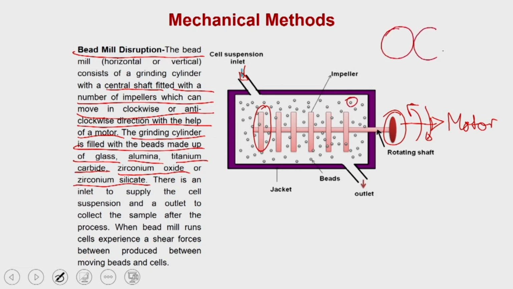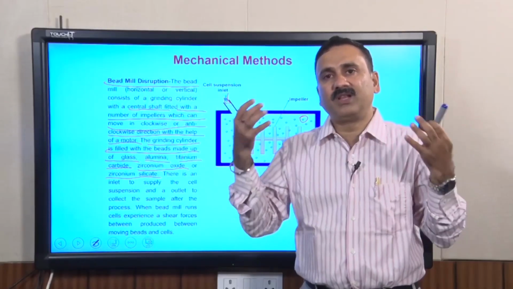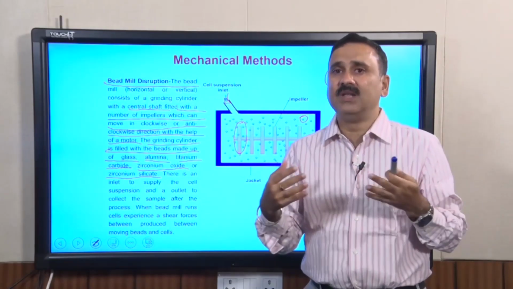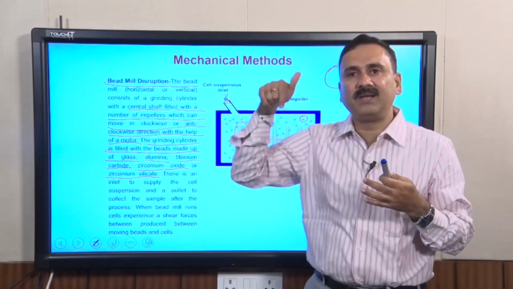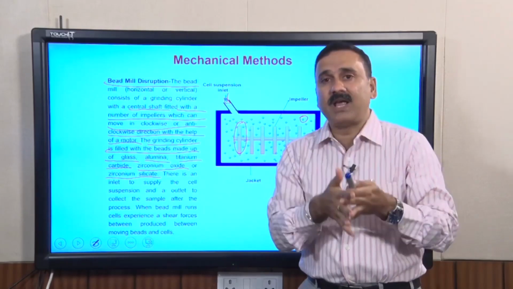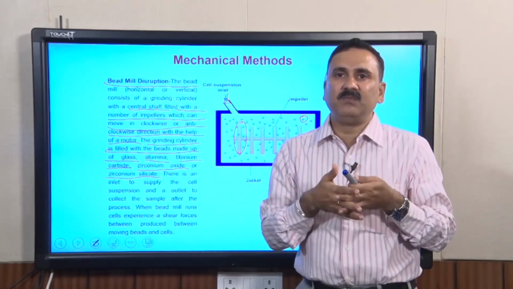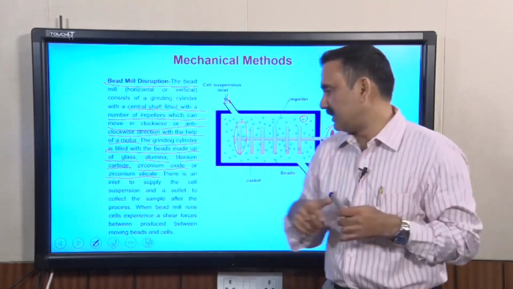The beads are going to run over the cells, or the cells pass through these beads, and because the area is very narrow, the beads crush the cells. The cell experiences a very high level of shear stress as it passes through this narrow gap, and as a result the cell will try to expand. The expansion would be uneven, or sometimes so much that it is going to lyse the cells.